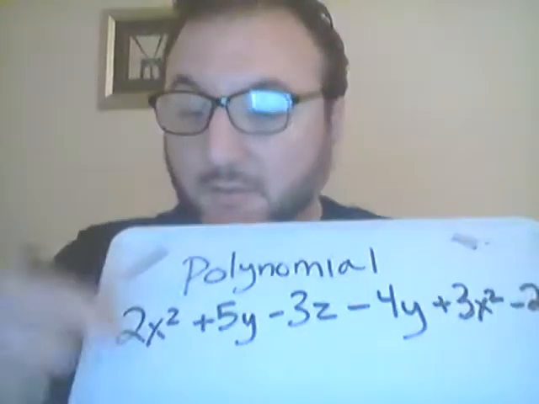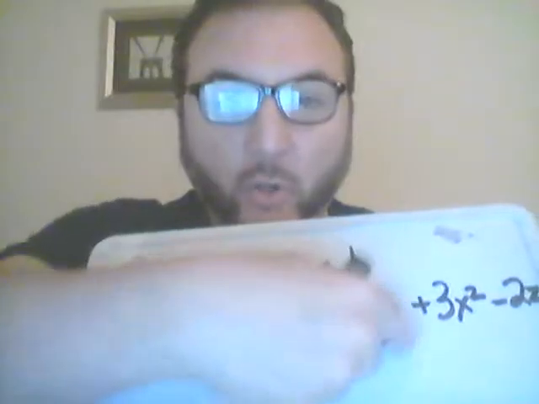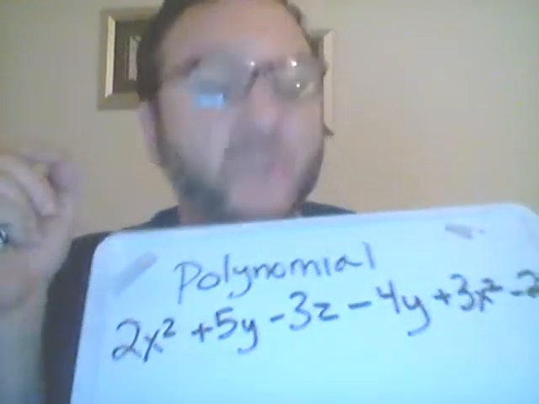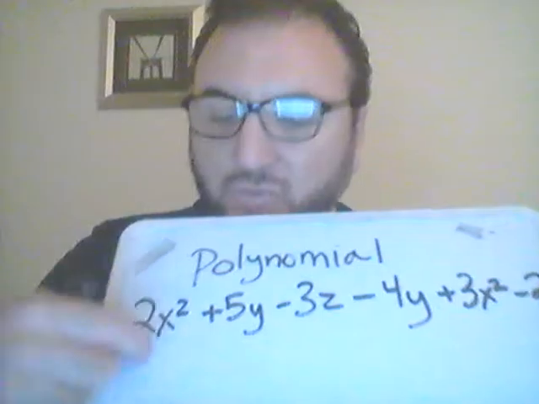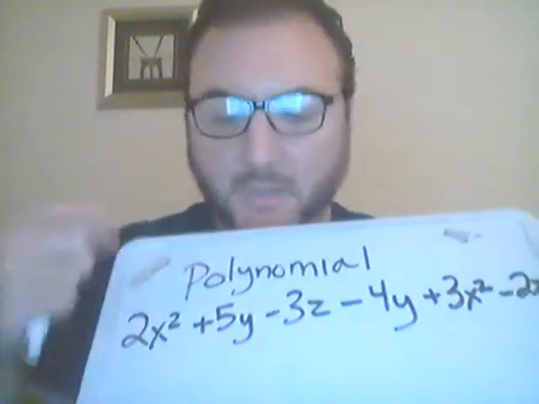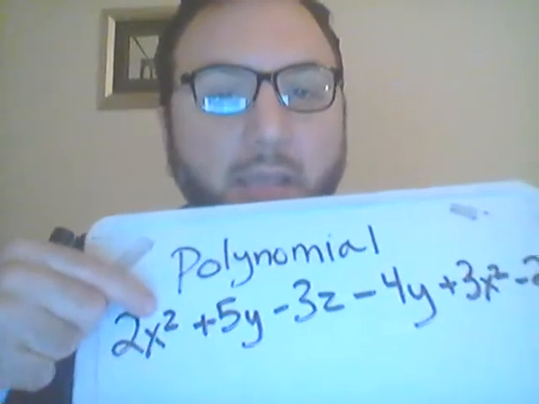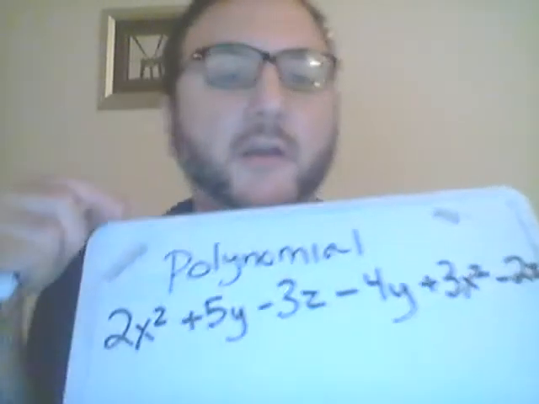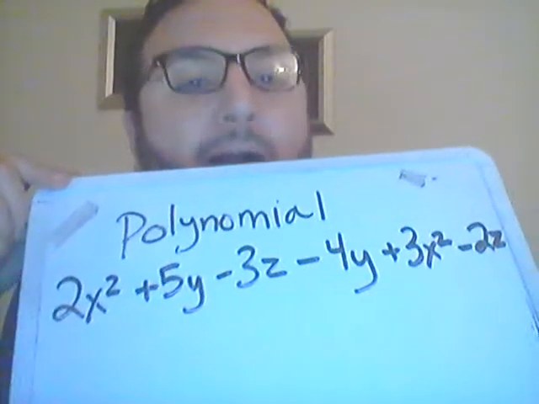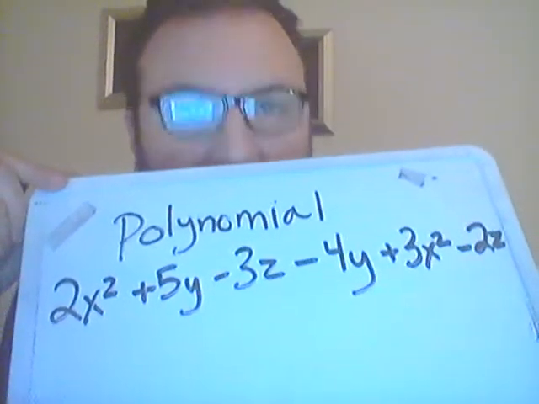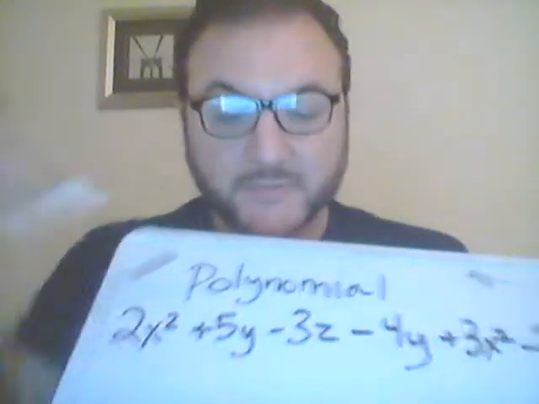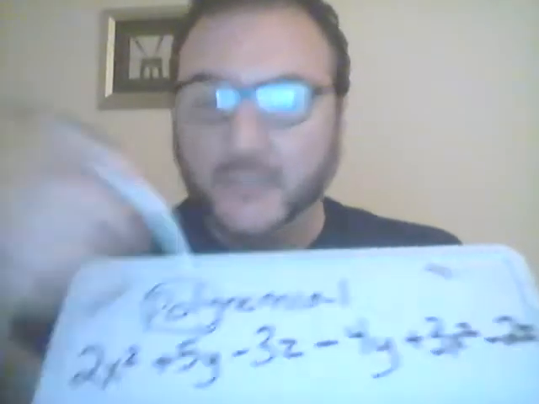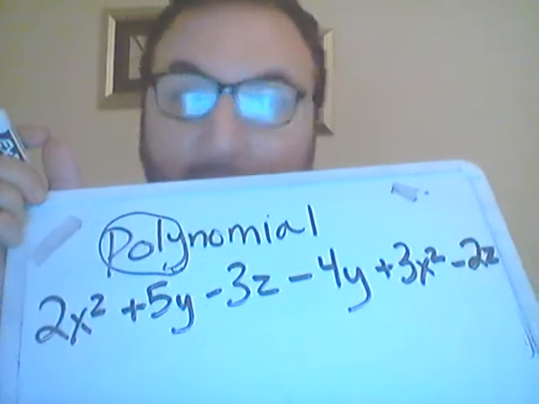Well, yes. You see terms all over the place. How do you know they're terms? Because you see coefficients. You see variables. You even see an exponent here and an exponent there. Yes, a polynomial is an expression that has many terms because the first part of the word, poly, means many.